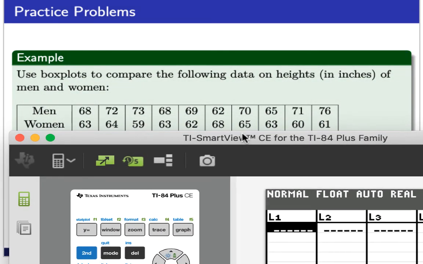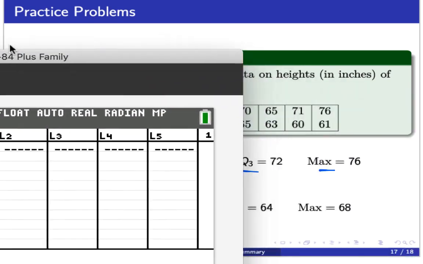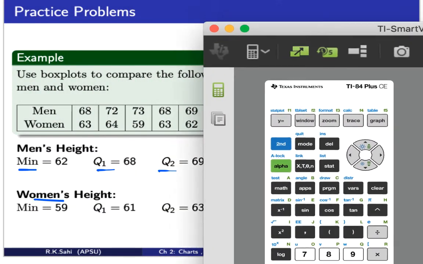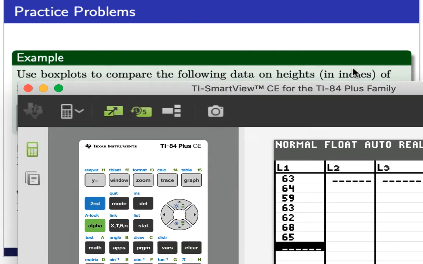I am going to look at the women's heights here: 63, then 64, 59, 63, 63, then 62, 68, 65, 62, 68, 65, what else are the numbers? 63, 60, and 61.